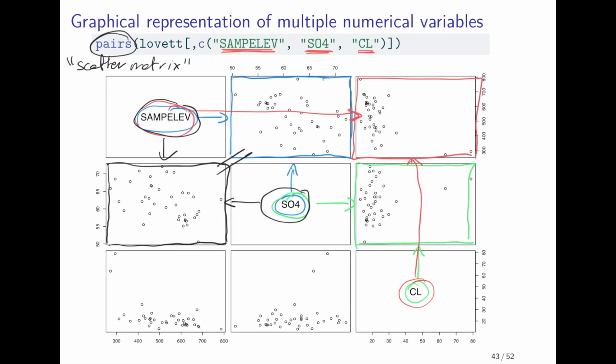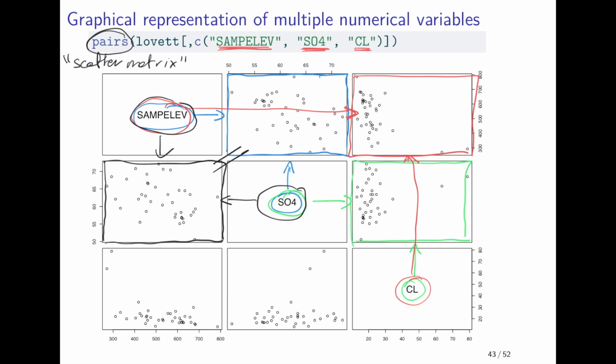Also, for those of you who remember the binomial coefficient, you will recognize that there are potentially a lot of scatter plots to make. So if you have n variables and you want to look at the association between any pair of those, then there will be n choose 2 scatter plots to make, and that is equal to n times n minus 1 divided by 2.